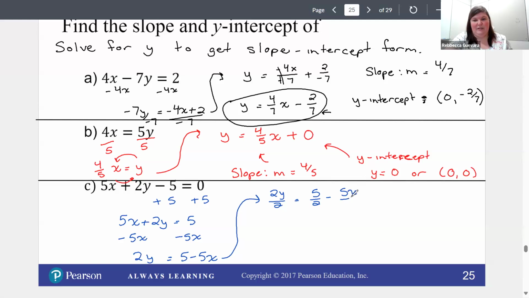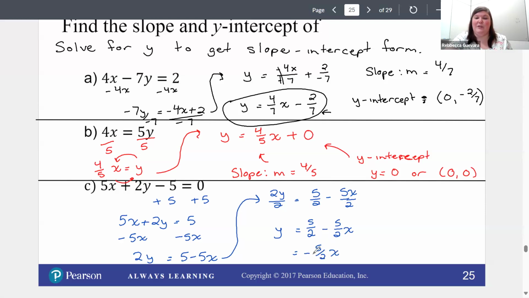My 5x up here. So we end up with y, and then we have 5/2 minus 5/2 x. Make sure I didn't make a mistake there.